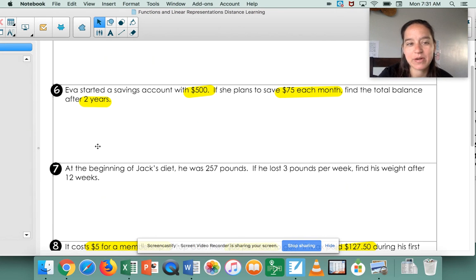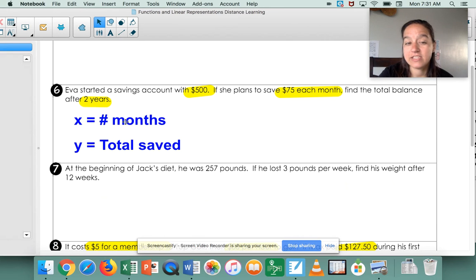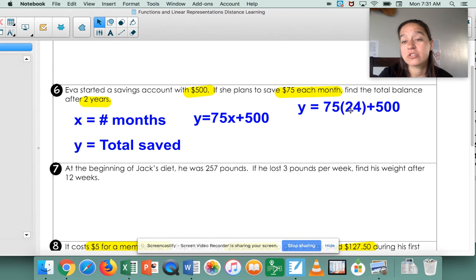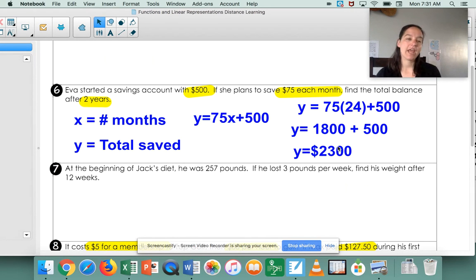We had to remember that if we're making our x into months and our y is total saved, then when we plug into our formula, we're not plugging in 2 years, we're plugging in 24 months. The problems that you're going to have are going to be like these that were on our notes from the last time, and my one about Chit Chat.